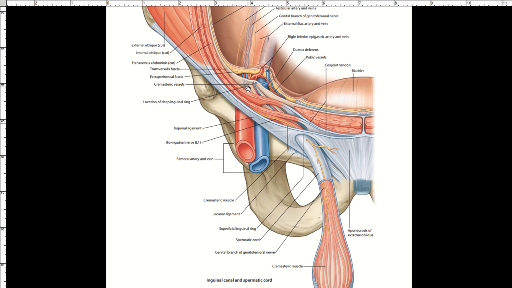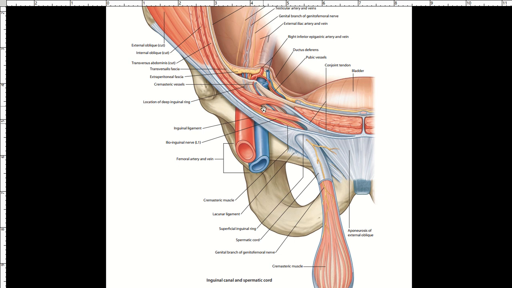So what can we do to reinforce the deep inguinal ring? That's where the internal oblique comes in. The origin of the internal oblique reinforces the deep ring.